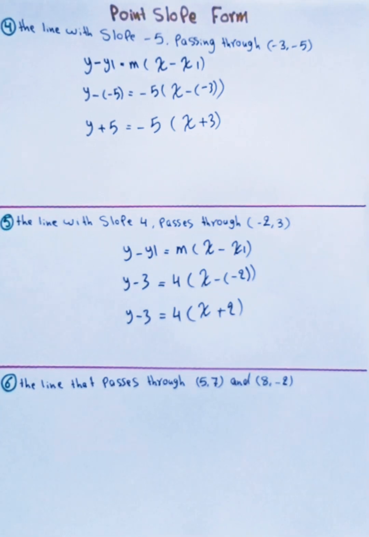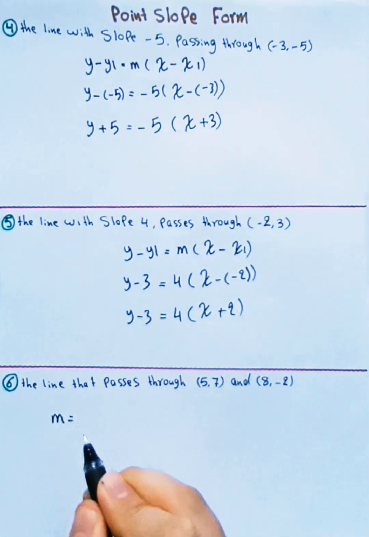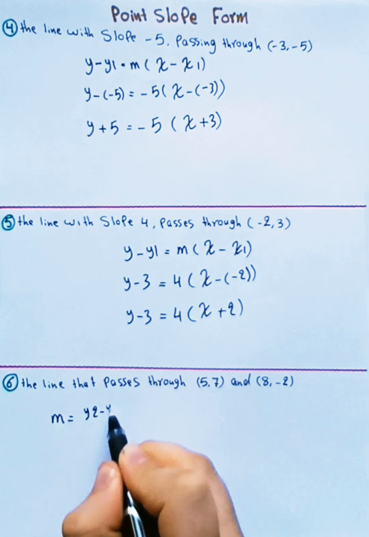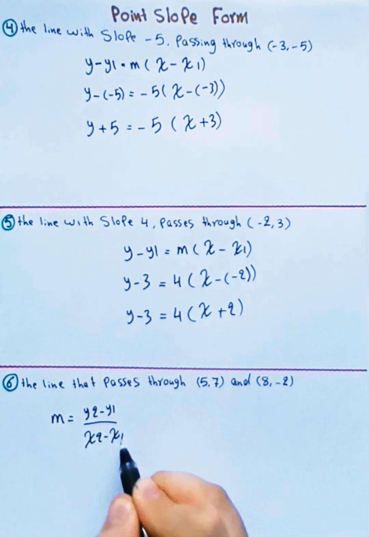Example number 6, we have to find the equation of the line that passes through 5, 7, and 8, -2. First, we have to find the slope. The slope is y2 minus y1 over x2 minus x1.